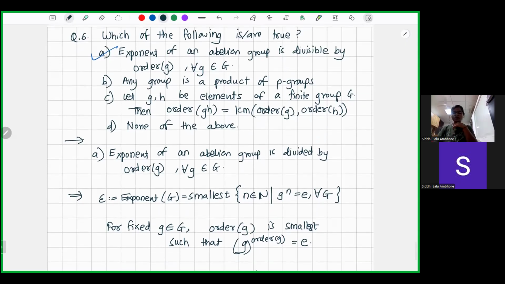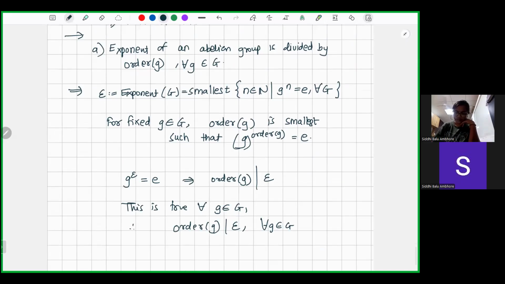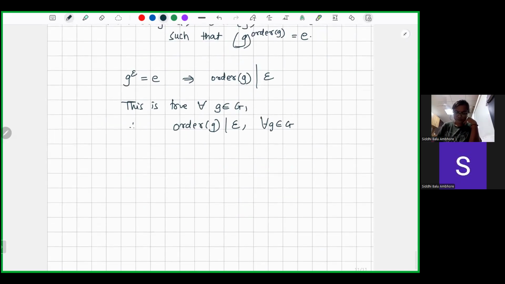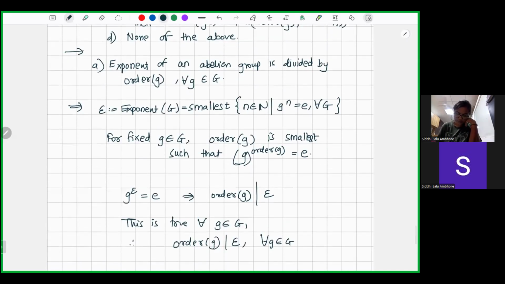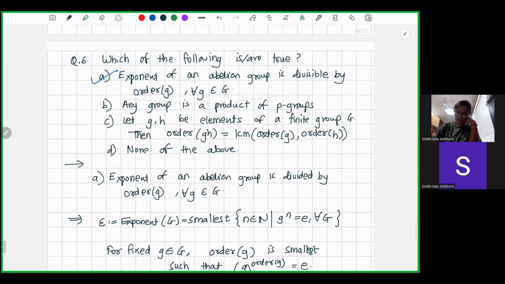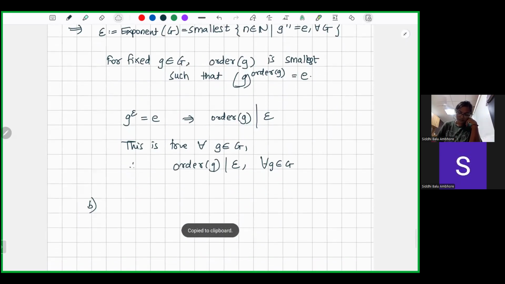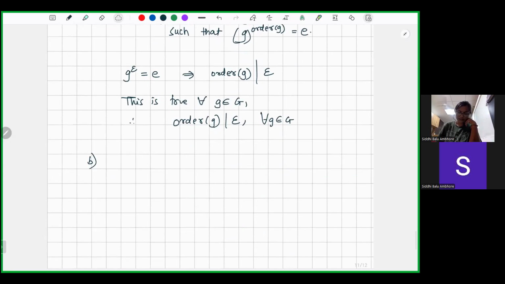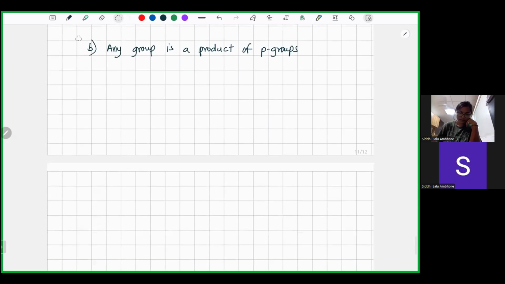Okay, so for example, consider this. This was my A, so B is this. We can take this simple example, Q8.